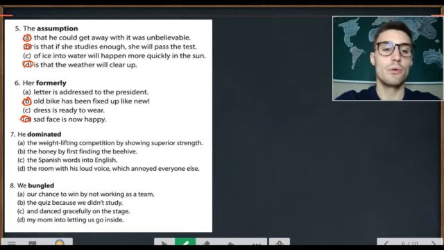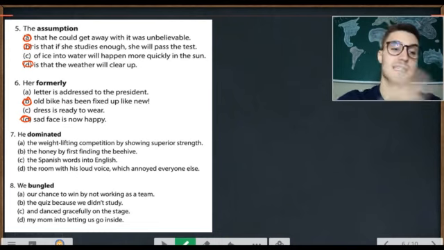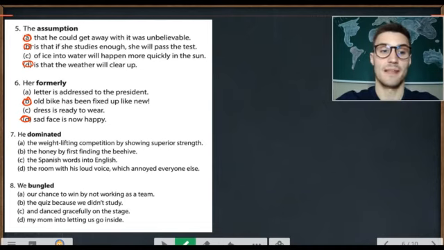D. The room with his loud voice which annoyed everyone else. Now I can see two that are correct. He dominated A, the weightlifting competition by showing superior strength. This one is difficult. He dominated D, the room with his loud voice which annoyed everyone else.